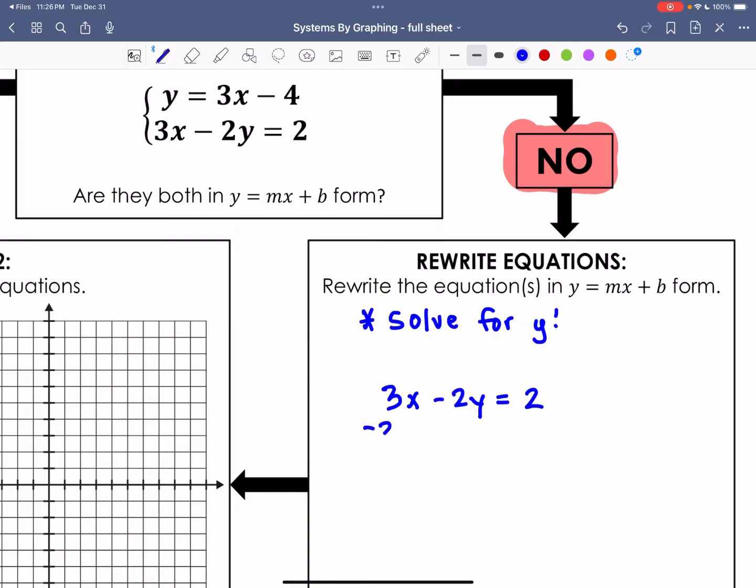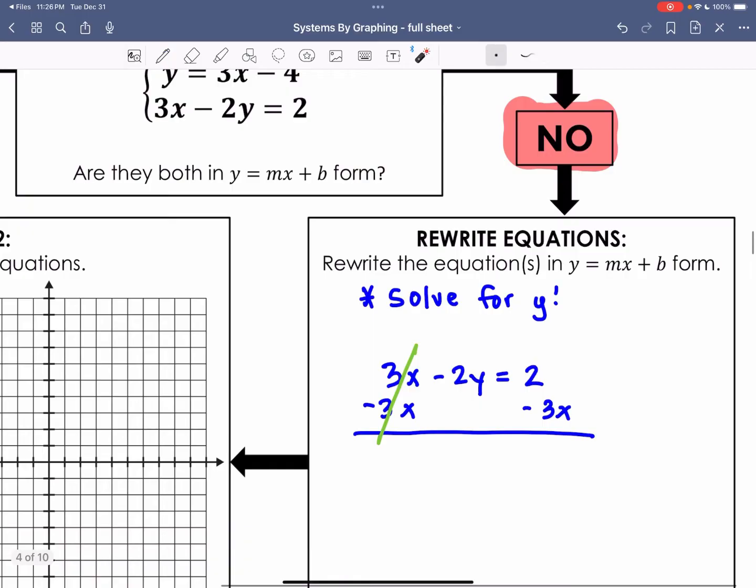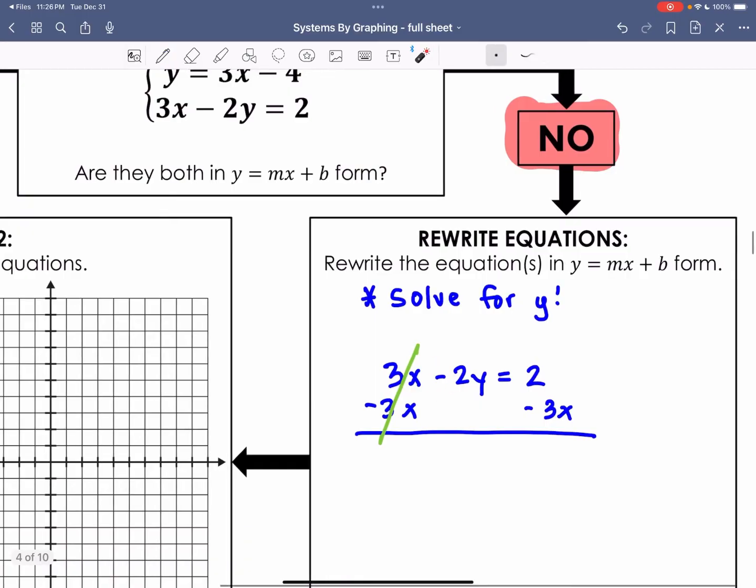So go ahead and subtract 3x from both sides. So this would make a 0 pair, that's gone. Be very careful that you remember to drop down the negative with your 2y. And so we have the -3x we just subtracted over, along with the +2 that was already there.